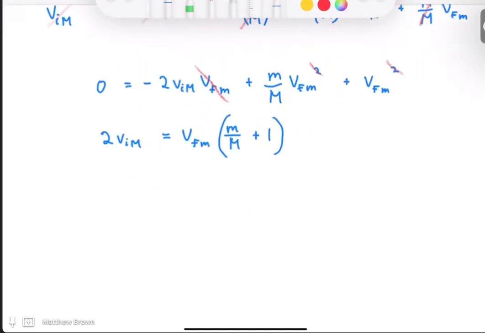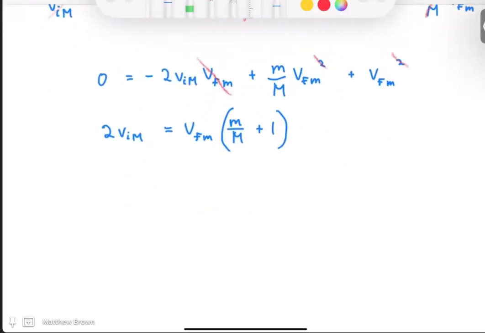And then I can divide both sides by what I've got in the bracket there to isolate v final of little m, which tells me v final of little m equals 2 v initial of big M divided by little m over big M plus 1. You could probably multiply the top and bottom by big M, and that might give you a little bit of another way to look at this.